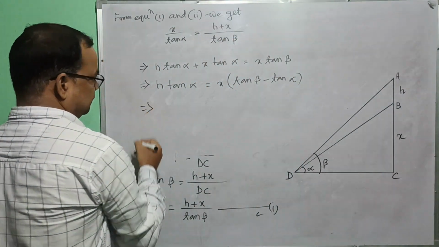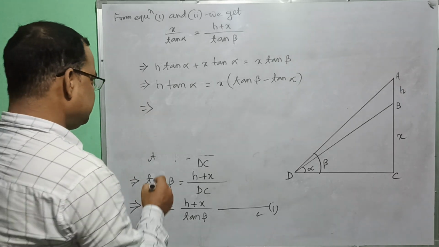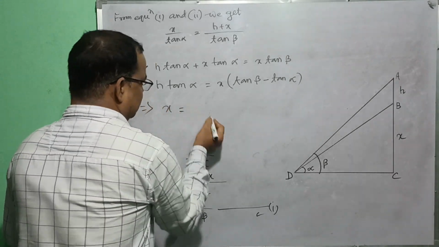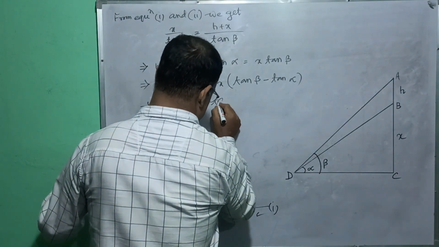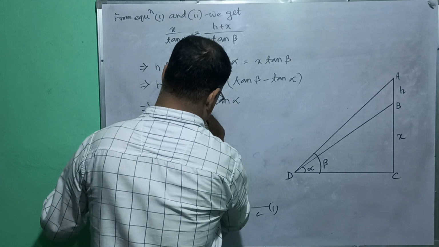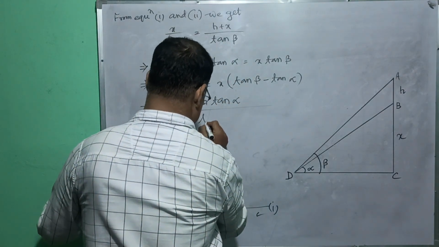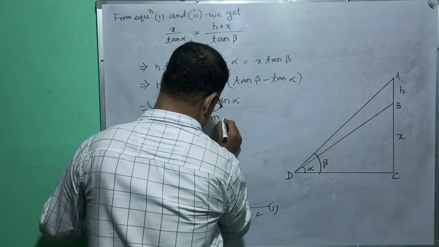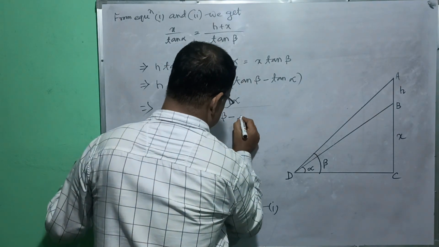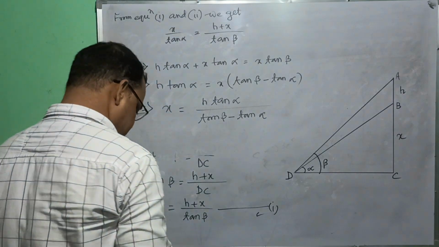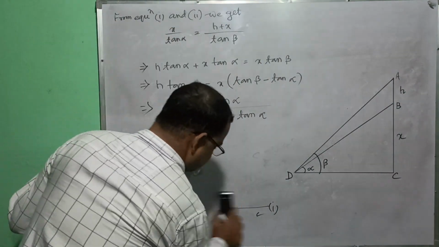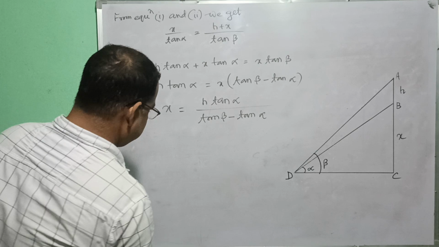This implies x equal to h tan alpha divided by tan beta minus tan alpha. So finished, we already proved it.